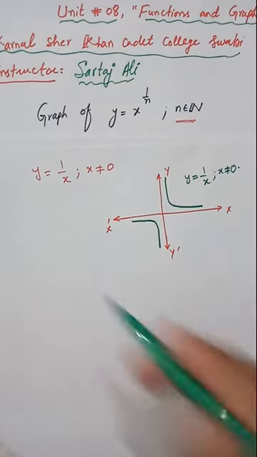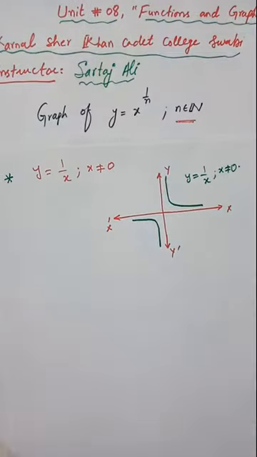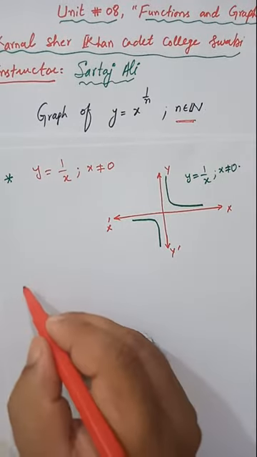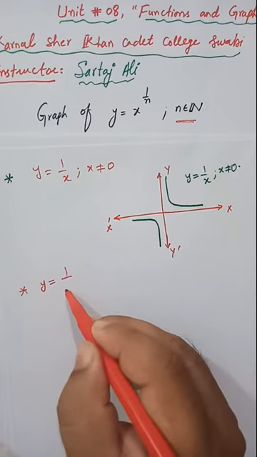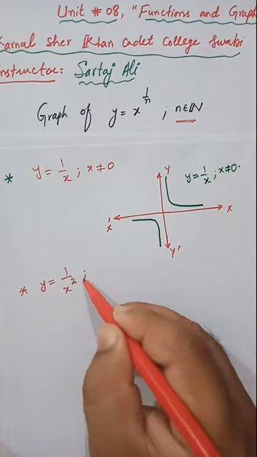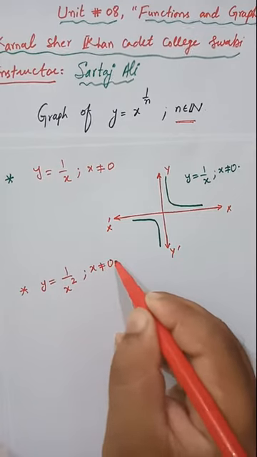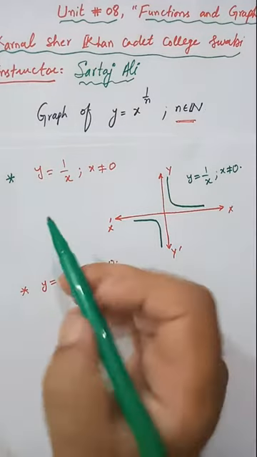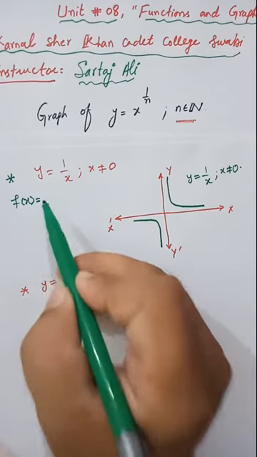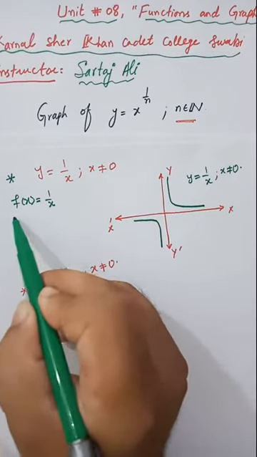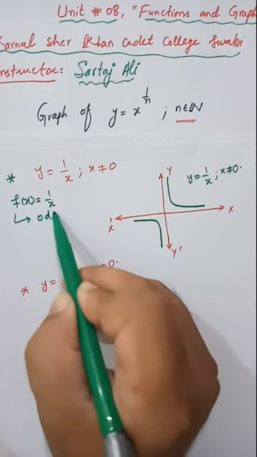Now, when the value of n is minus 2, so the function is, if you can write, y is equal to 1 by x, or f of x is equal to 1 by x. This is an odd function.